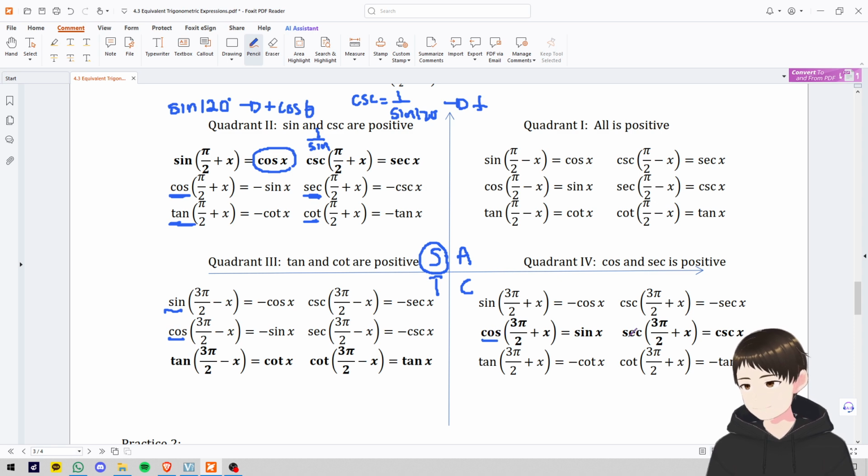If cos or secant, which is 1 over cos, is given to you as its original question with a very large angle, its correlated ratio is going to be positive. Anything else, like sine or tangent, or cosecant and cotangent, its correlated ratio is going to be negative.